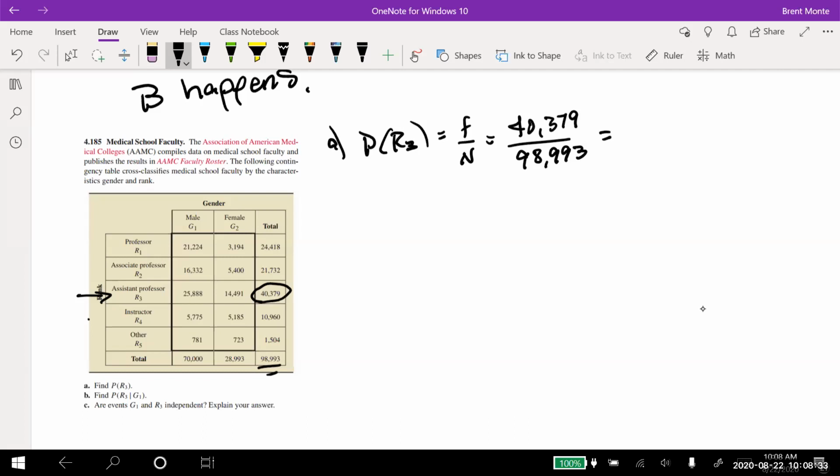So if I just randomly select one of these medical school faculty, the probability that they're an assistant professor is 40,379 divided by 98,993, and I get 0.4078, so I have to round to 0.408.